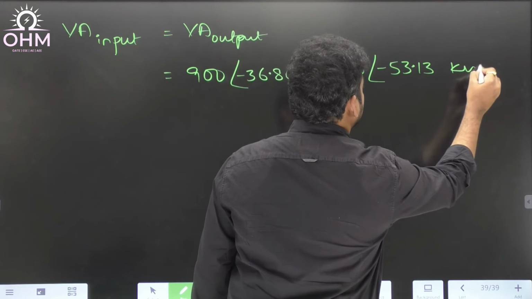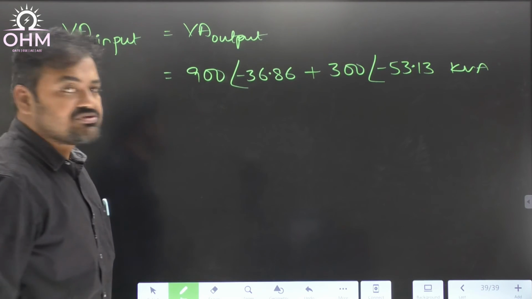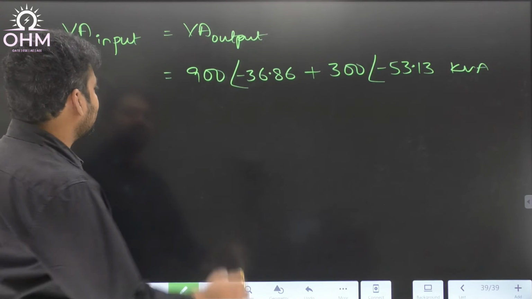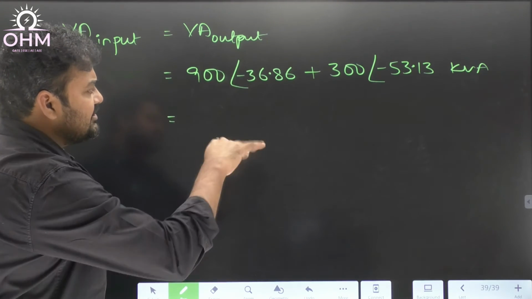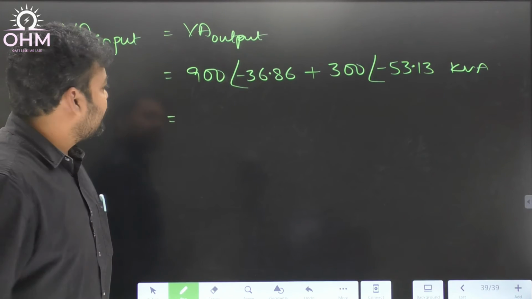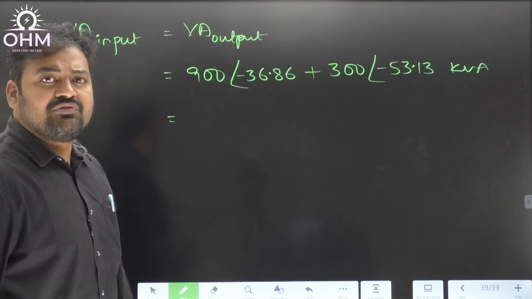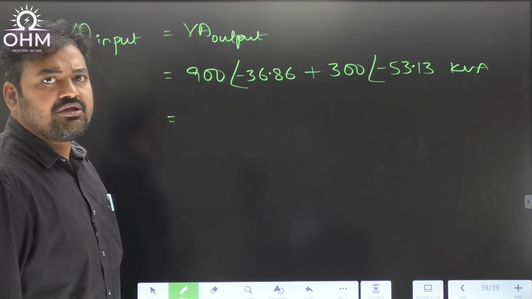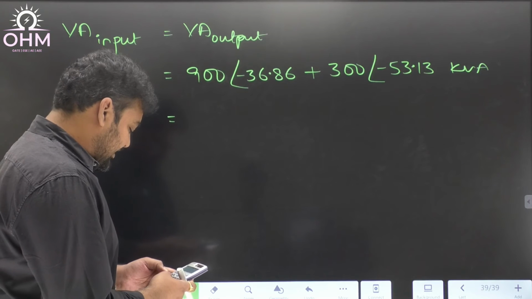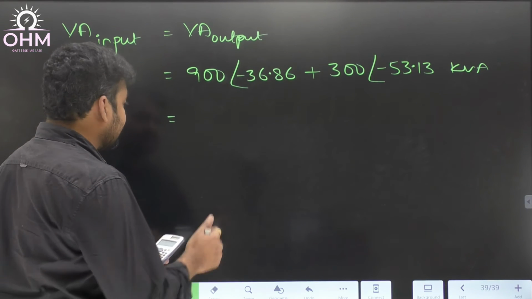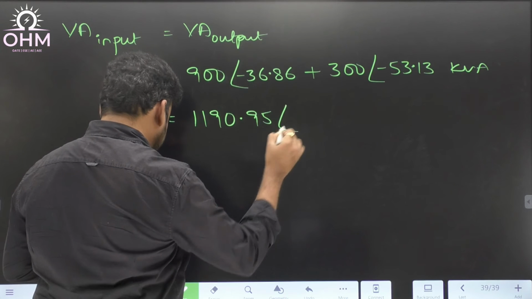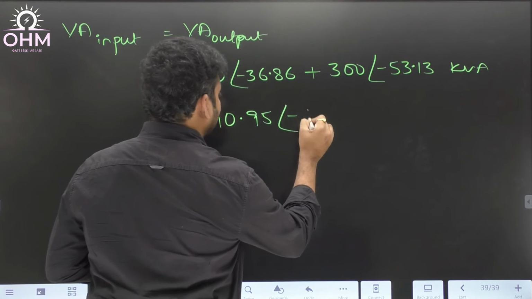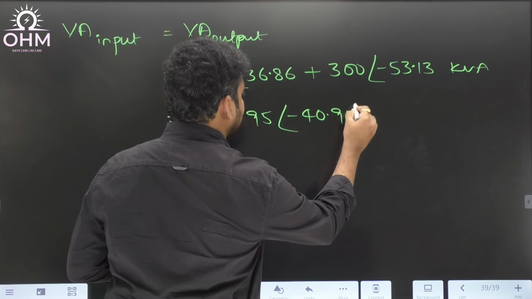So these are the two loads that are connected, and I have to add them vectorially. So 900 at an angle minus 36.86, 300 at an angle 53.13. Add both of them and you will get the resultant power. If I add both of them, I am getting 1190.95 at an angle minus 40.90 degrees.